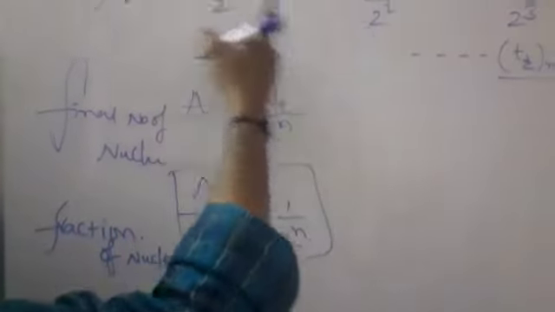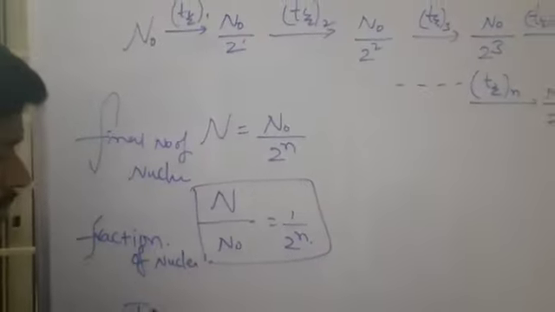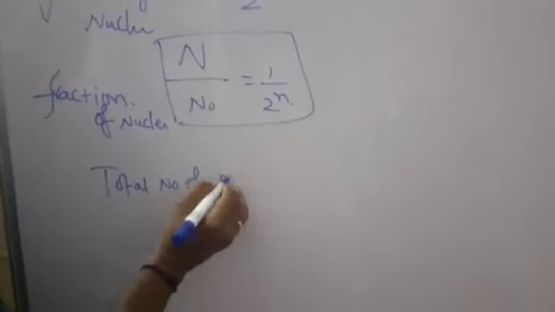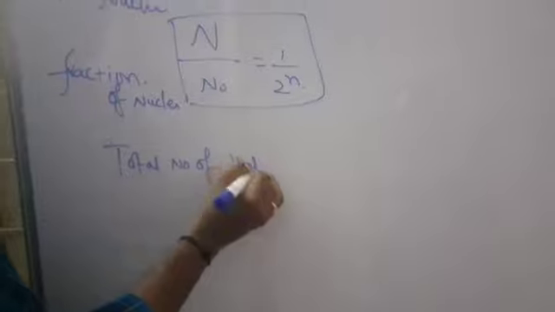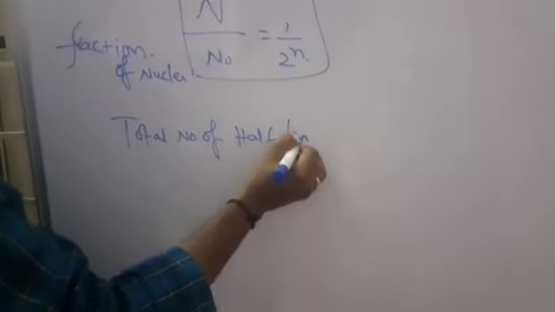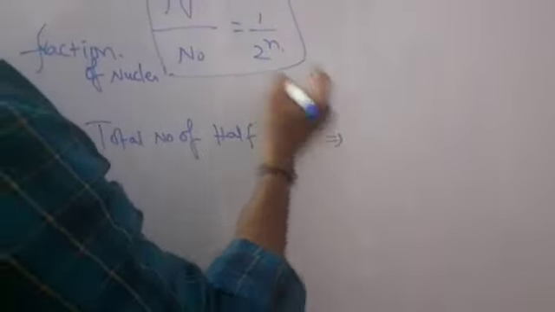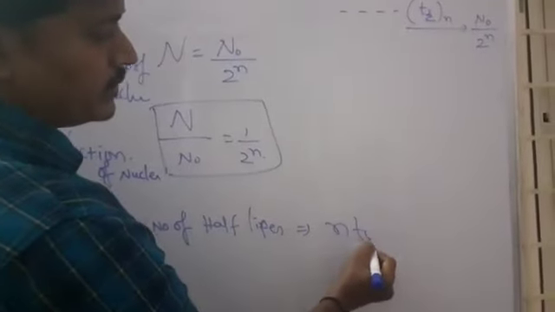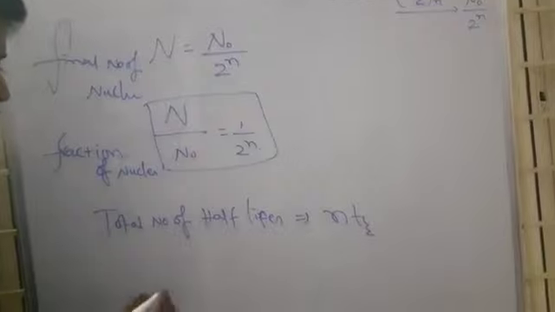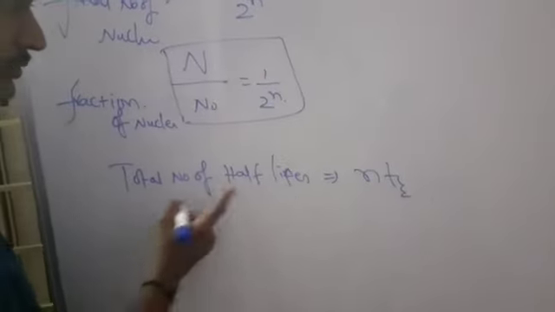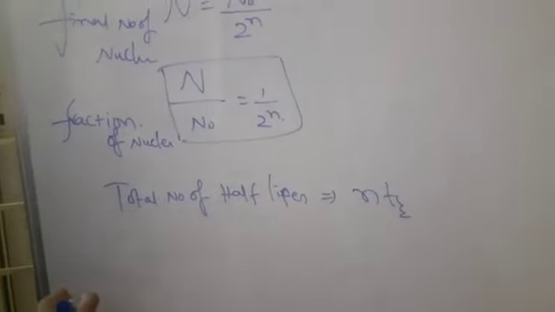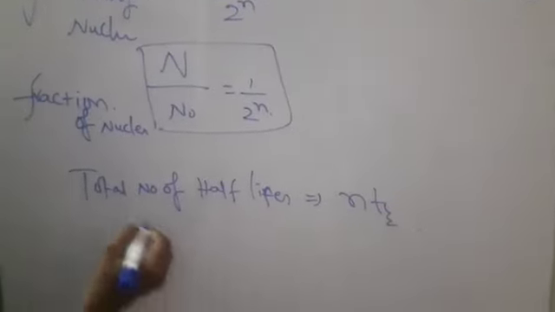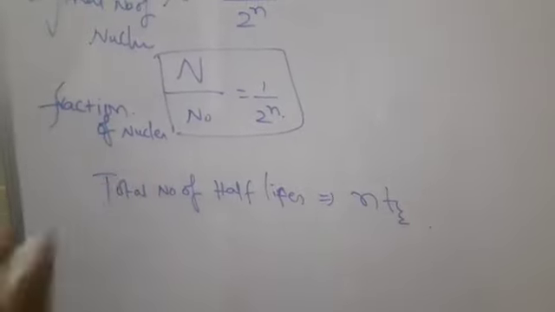The total time for n half-lives is n into t half. This is the total time taken for completion of n half-lives. Then number of nuclei, next topic.